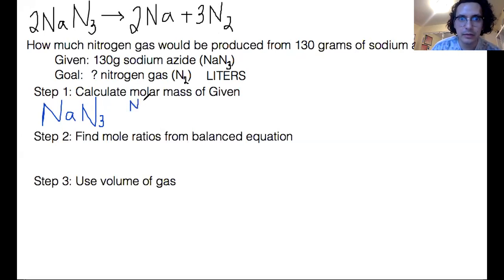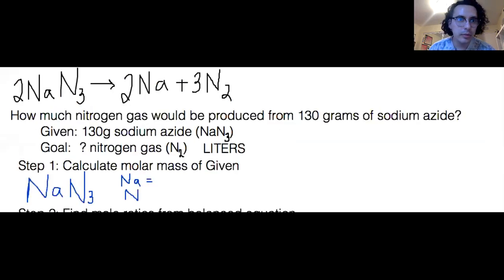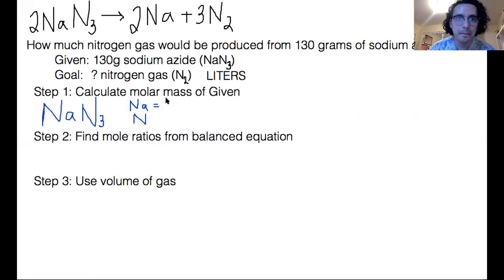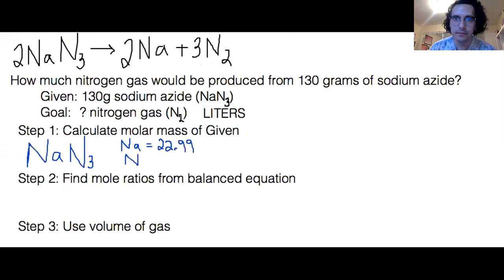We've got Na and we've got N. So molar mass of sodium by itself would be, see, sodium right here, 22.99. And then for nitrogen, 14.01.